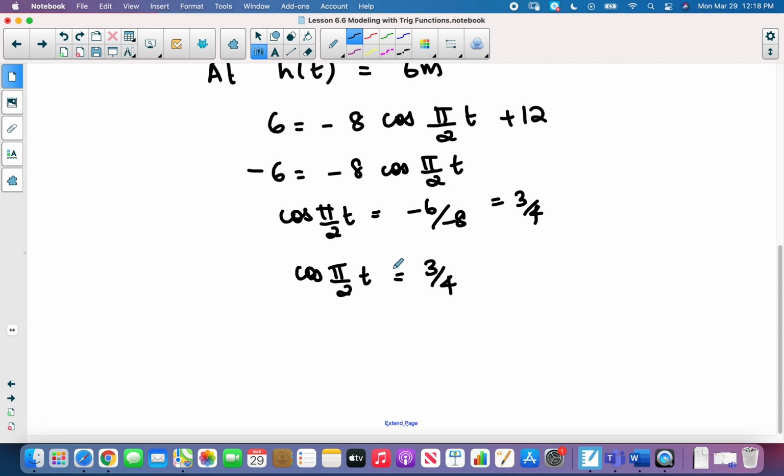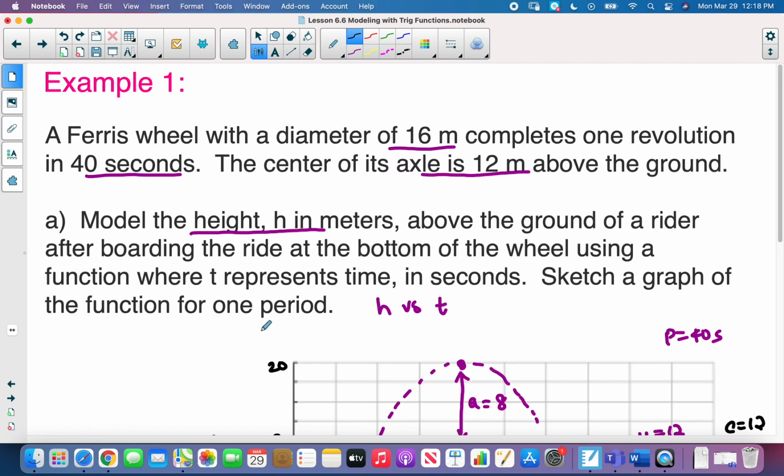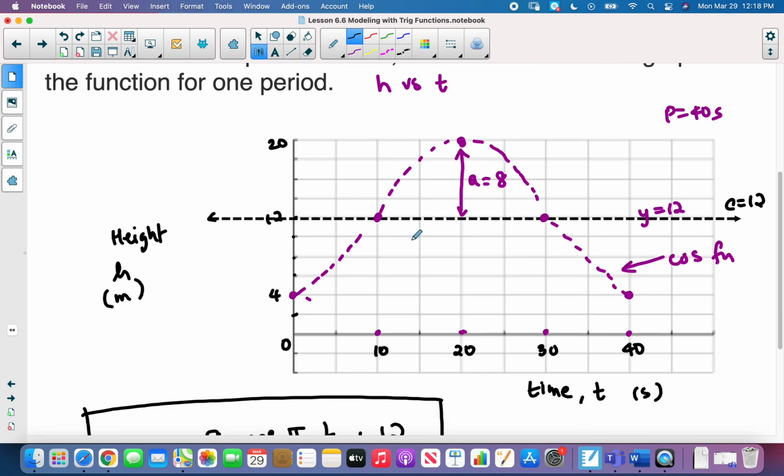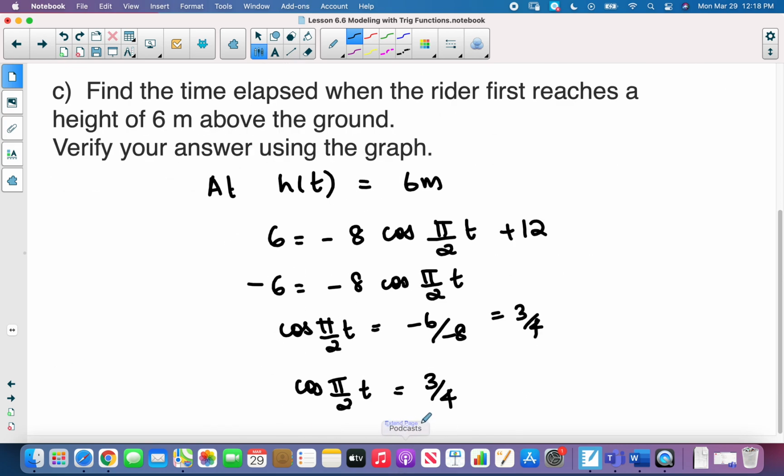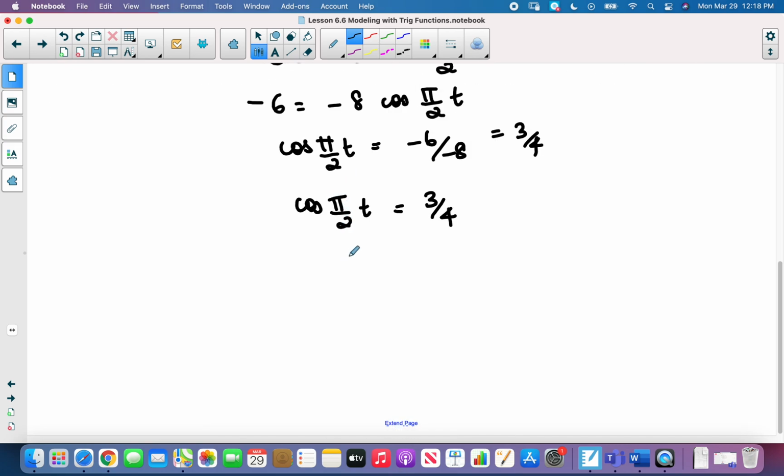So what happens now here is, looking at our graph here, we can solve for t. Cos of pi over 20 t equals 3 over 4.